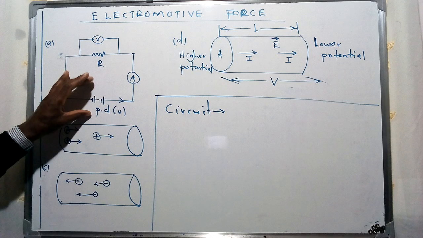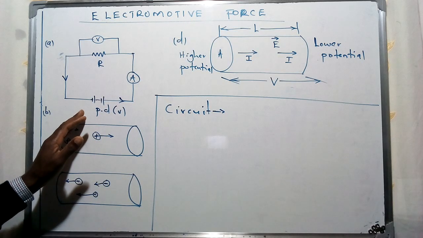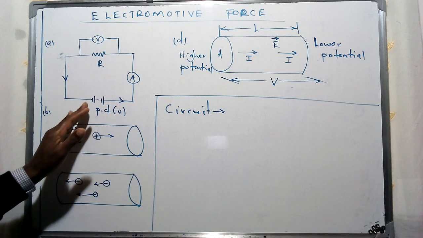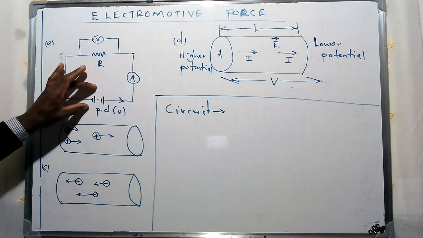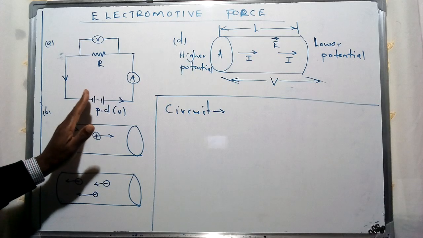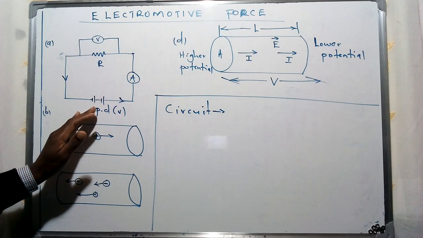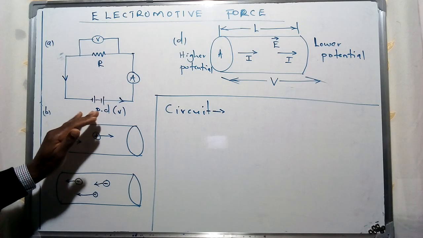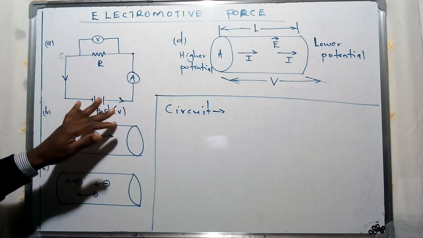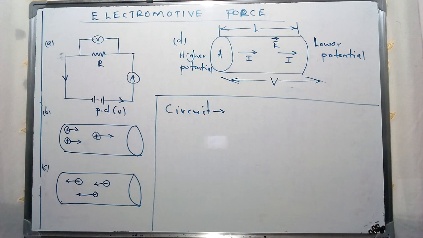Now, in this particular case, we can take that specific analogy to imply this specific kind of circuit. And therefore, we are also going to have this specific symbol, and this is going to imply the electromotive force. Now, the potential difference between the terminals of this specific electromotive force is not going to have a flow of current to the external circuit, unless these specific terminals have been joined using these various other components.